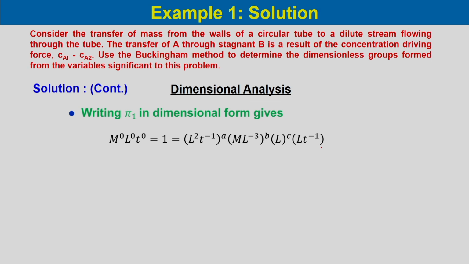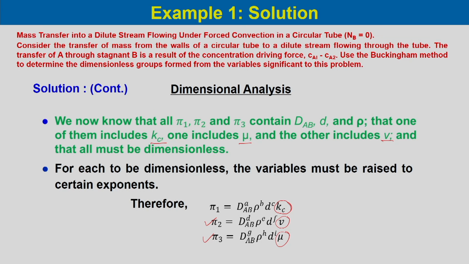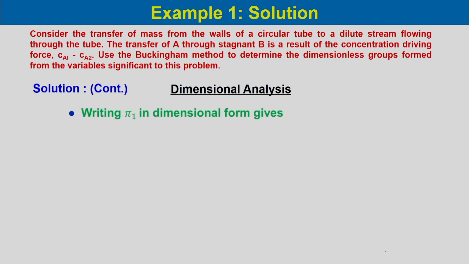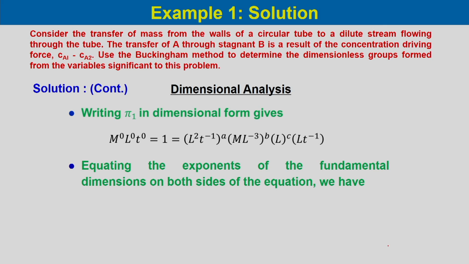So, basically pi 1, which is DAB, rho, D and Kc, is written with the fundamental dimensions. Now, if we equate the exponents of the fundamental dimensions on both sides of the equation, we can get the values for L, T and M.